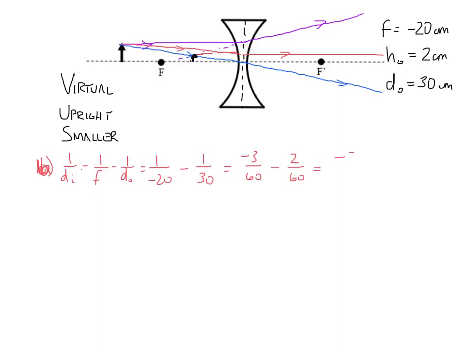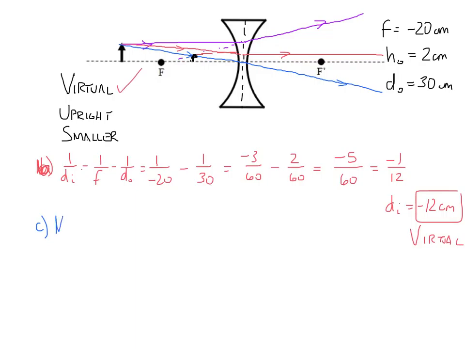Negative 3 minus 2 is negative 5 over 60, which simplifies to negative 1/12. So take the reciprocal of that, di is equal to negative 12 centimeters. That also means that the image is virtual, since it came out negative, so that first one checks.